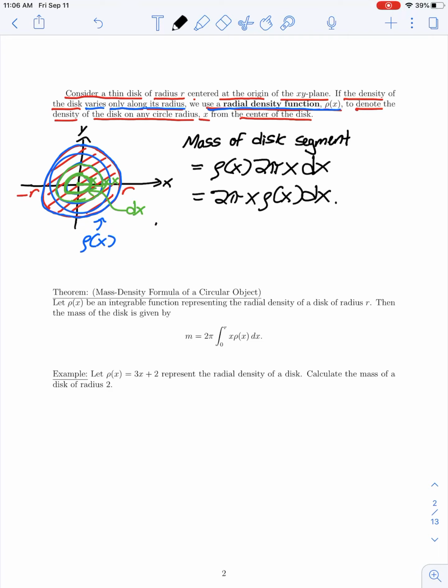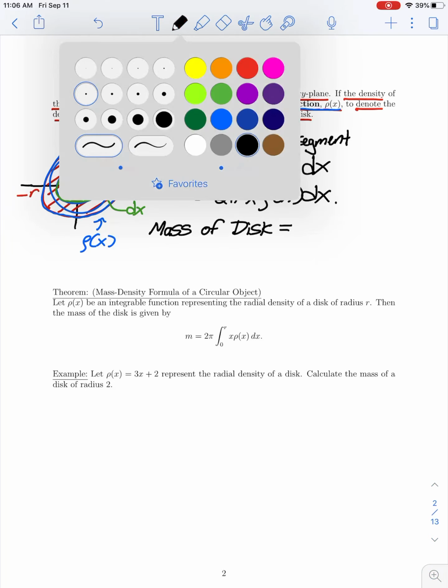So in order to get the total mass of this disk, we would want to add up the mass of all these little disk segments from the center of our circle, which was a disk of radius 0, out to the outer edge, which was our disk of radius r.